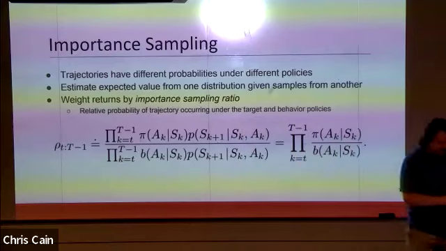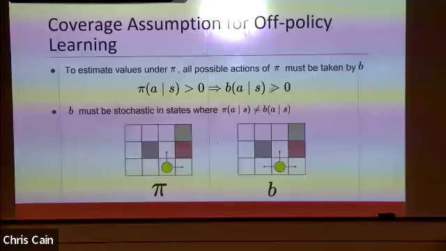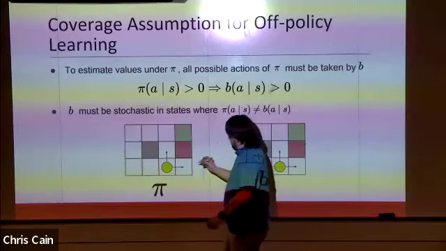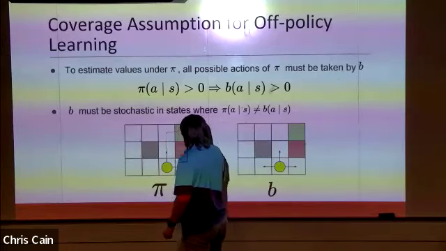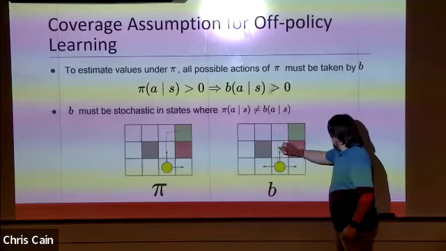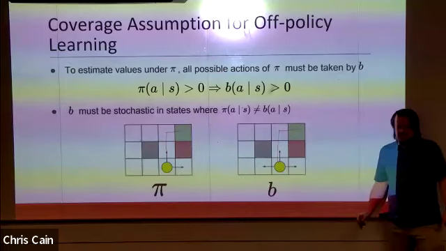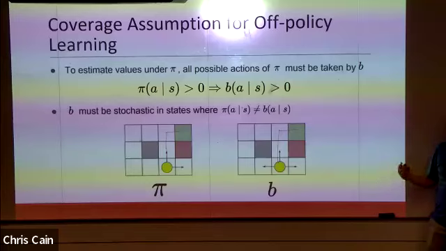So we care about the probability in this policy of going here, here, there. Policy here, going here, here, there. What is the associated ratio of these trajectories given these two different policies? That is the importance sampling ratio for that trajectory.